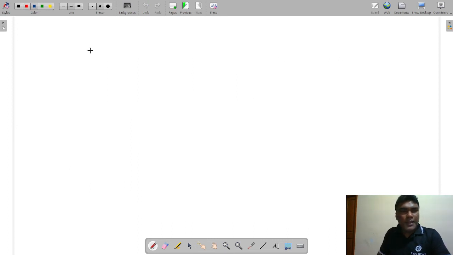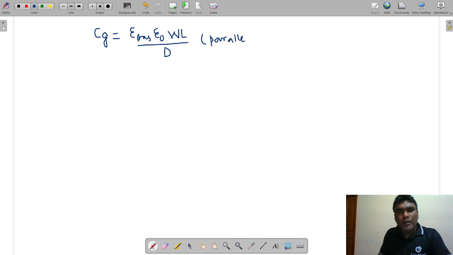Now IDS can be taken. We have gate to channel capacitance. CG is equal to, we can write this, epsilon insulation, epsilon naught, W into L by D. So parallel plates. So capacitance from gate to channel, polysilicon and the channel, parallel plates.